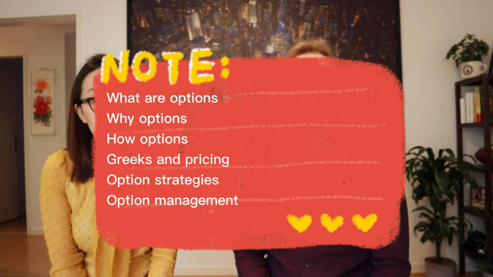So I want to give you a little heads up on what we're going to do in this series. We're going to start off very abstract, talking about what options are. This is the fun stuff for me, just kidding. But I'm sure it'll be fun for all of us. Then we'll talk about why we use options, and spoiler alert, it's because of time.